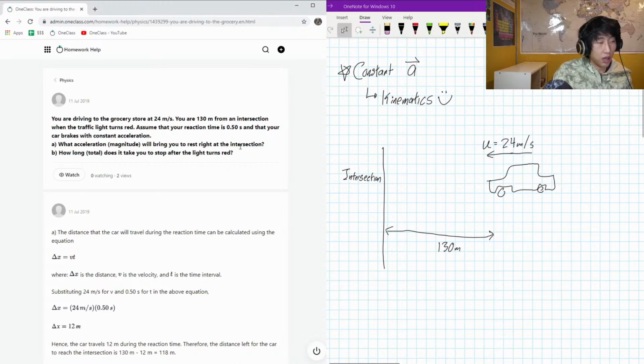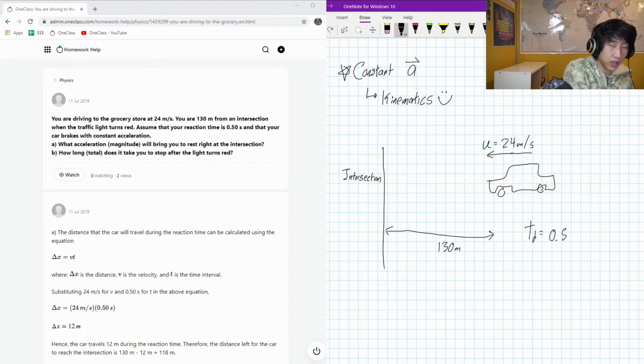Okay, so another thing is that delay. Let's just call that TD for the delay between when it turns red and when we register, oh yeah, that's red, let me push the brakes. That time is 0.50 seconds.